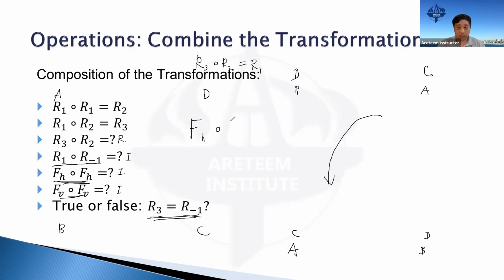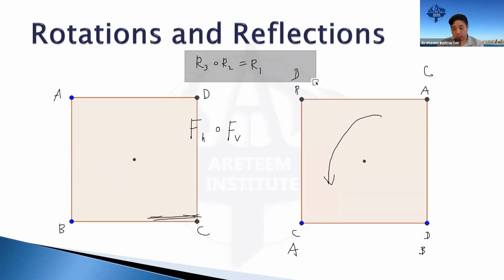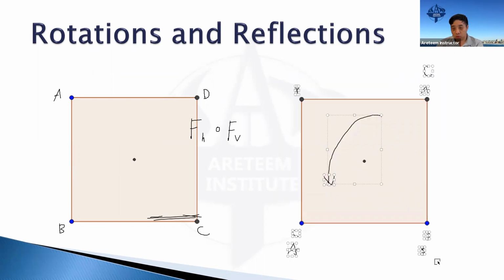FH, the horizontal flip combined with the vertical flip. All right, so in that case, let's also go to the picture. Let me erase the ones we don't need. We will flip twice.